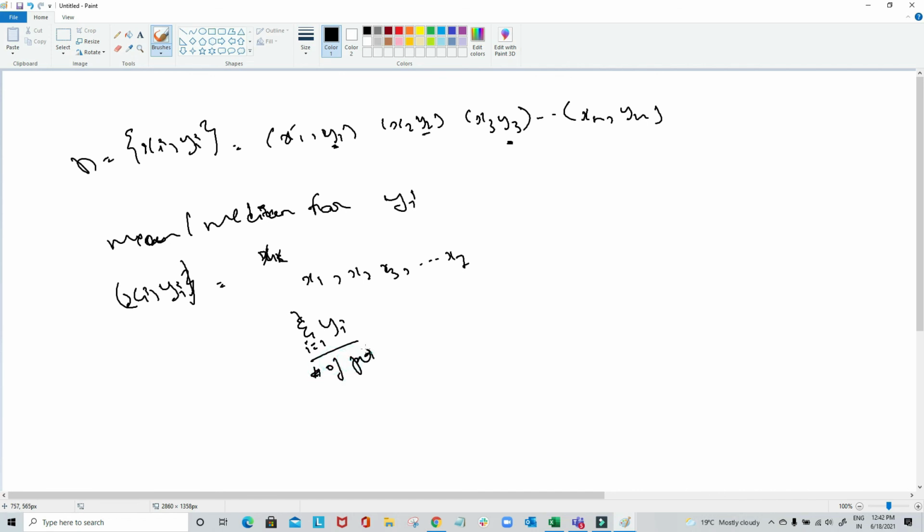Sorry, this is the mean. Another approach is to find the median of y1, y2, so on to y7. That becomes your k-nearest neighbor in regression.